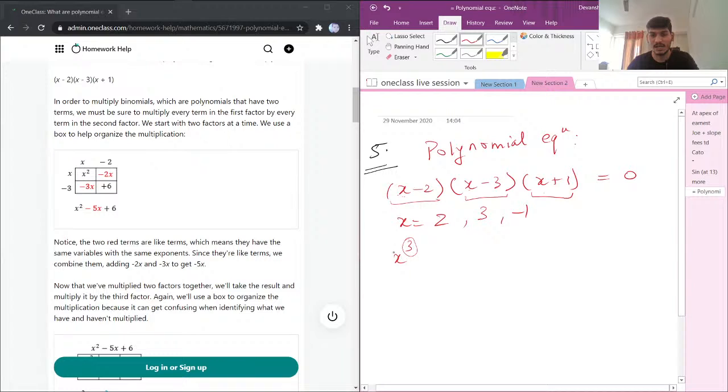The degree of x is 3 here, and we have 3 roots. So the number of roots is equal to the highest degree of the variable.